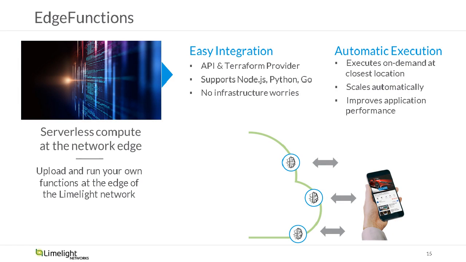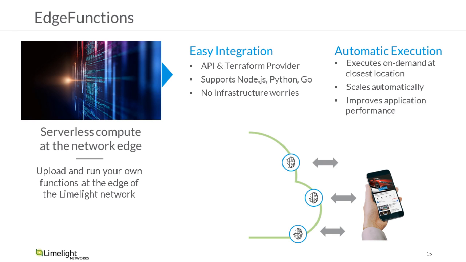A lot of the examples we talked about today for service protection can be facilitated by using serverless compute in conjunction with the CDN. In Limelight's case, our platform for that is Edge Functions, which we launched in late 2020. Edge Functions is a serverless compute platform that empowers developers to take greater control of content delivery workflows.